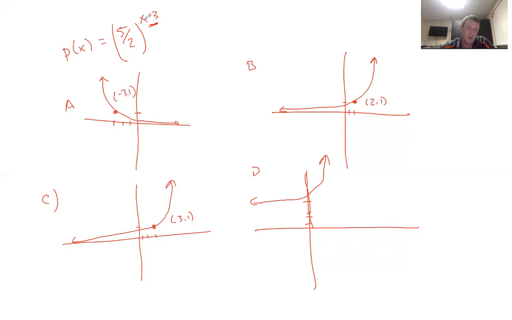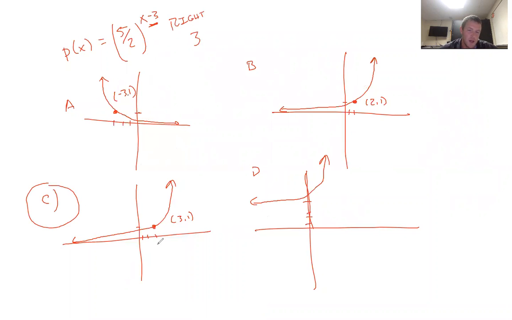The -3, as it's in here with the x, not out there, should move it right 3. So your original point is (0, 1), but it's not because we moved it right 3, so it'd be (3, 1). Now, there's only one of them that has the point (3, 1), and that's your answer.